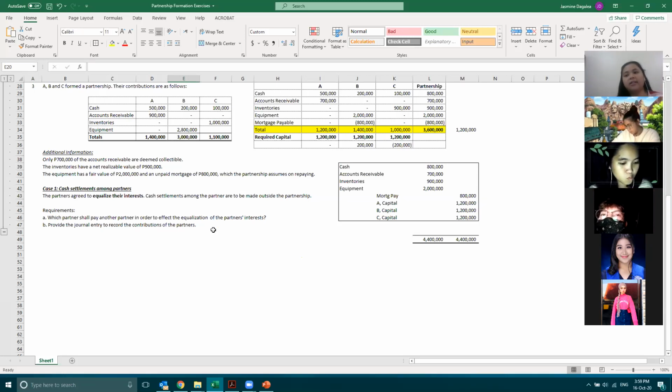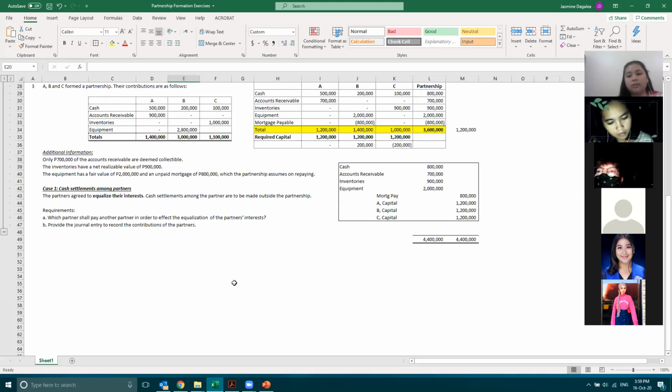So, under initial investments for partnership, apat ang possible scenarios. First, simply record their capital as to their contribution. Pag walang in-state sa problem, i-record nyo lang siya as is, magkano yung investment ni A, magkano yung investment ni B.